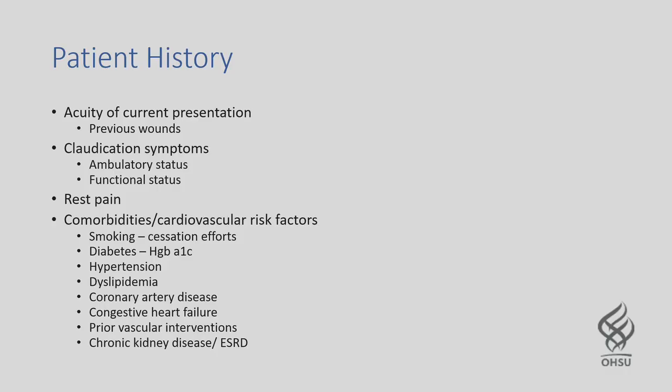Understanding where they're at, if they carry a diagnosis of diabetes, such as when was the last time they had their hemoglobin A1C, are they being managed for hypertension or dyslipidemia, what's their prior history of vascular disease in other beds, such as coronary disease or cerebrovascular disease, history of stroke, et cetera, or congestive heart failure.